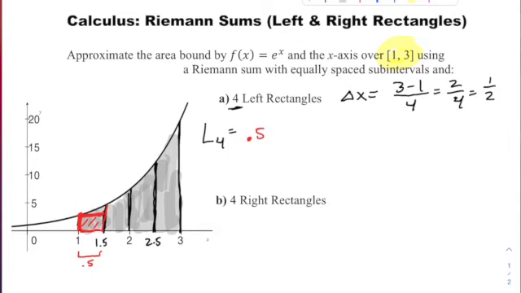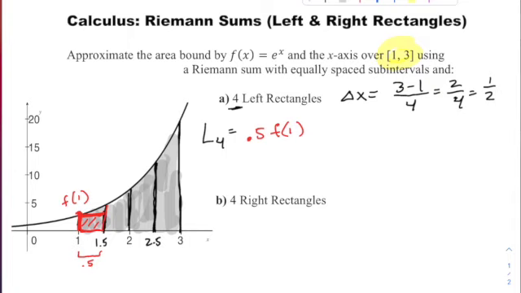Now, what is that height? That height is f of 1. That would be the y value, plugging 1 into whatever function you're dealing with, or in this case, e to the first, which is e. But I'm not even going to bother writing that, because sometimes the function can be pretty messy, so I'm just going to write f of 1 as shorthand.